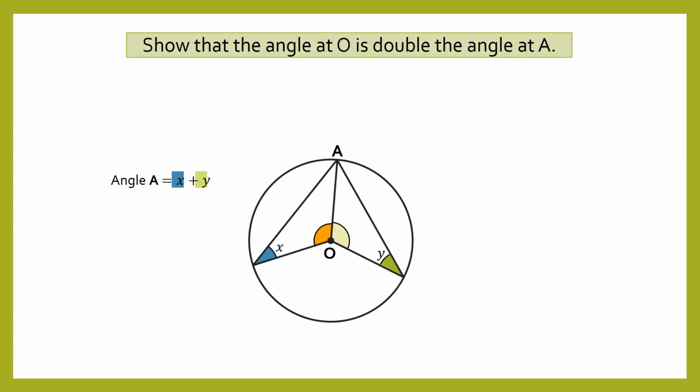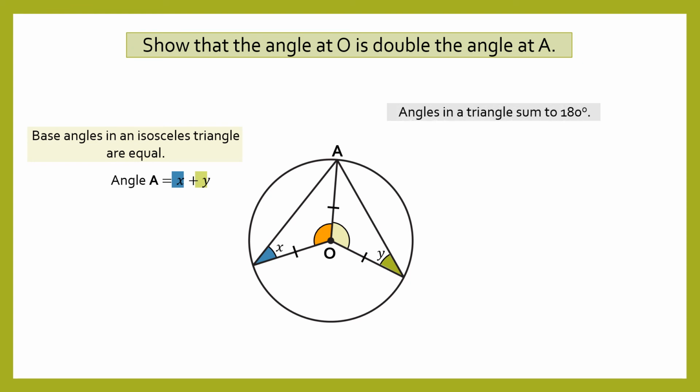From the same point where I could say my angle A is equal to x plus y, I have to show that the angle at O is double the angle at A. Okay. Now, taking the example of the isosceles triangle and the base angles and adding up a triangle to 180, I can say 180 minus 2x, which is this angle.